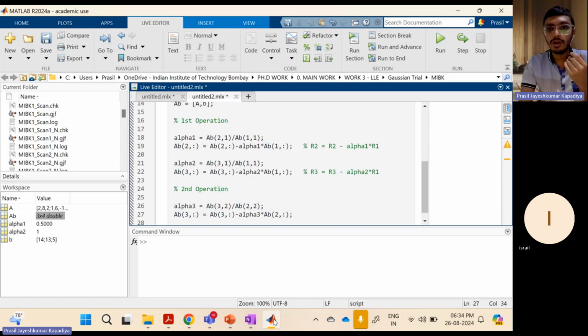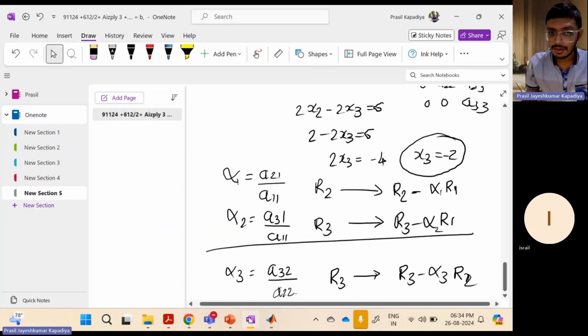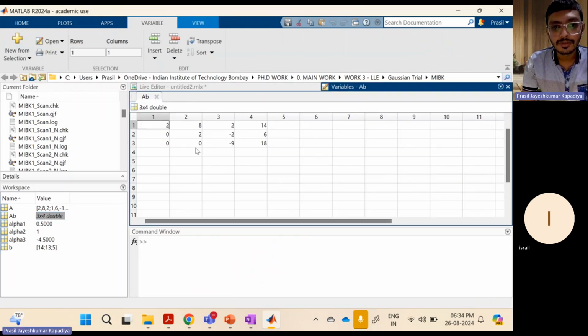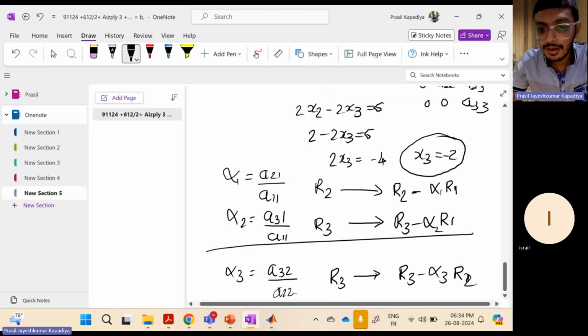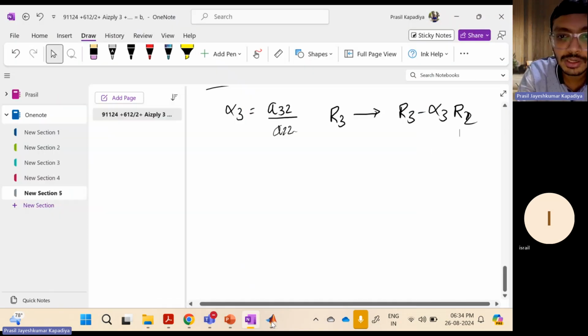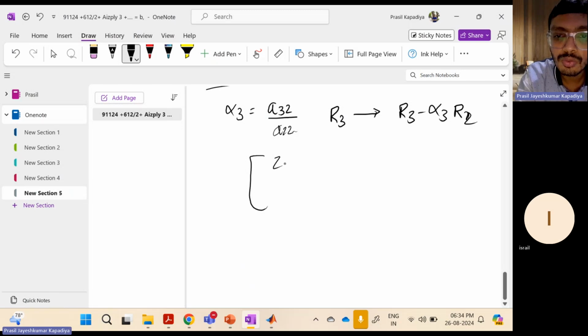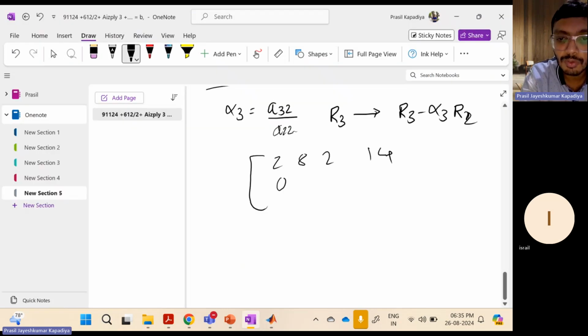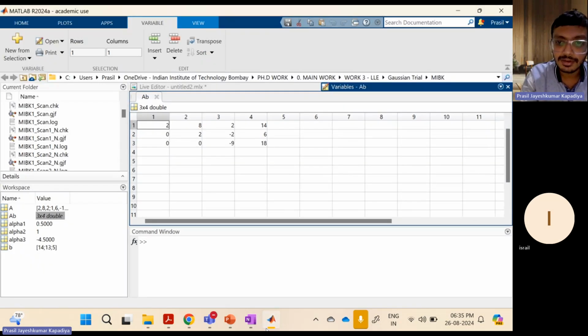So what we expect from this operation, let's see, is all zeros below the diagonal. Let me write down this matrix for you and explain how we can now proceed further. My matrix is 2 8 2 14, then 0 2 minus 2 6, then 0 0 minus 9 and 18.